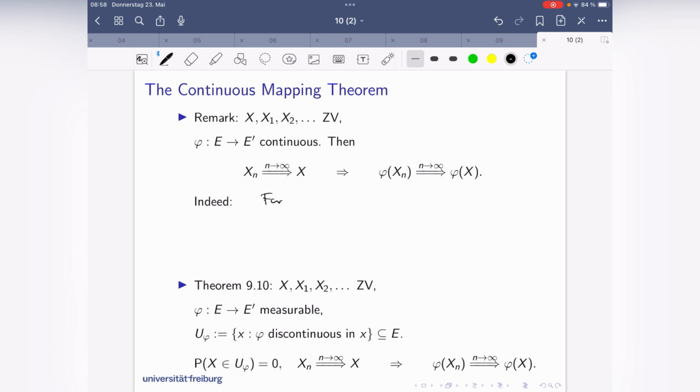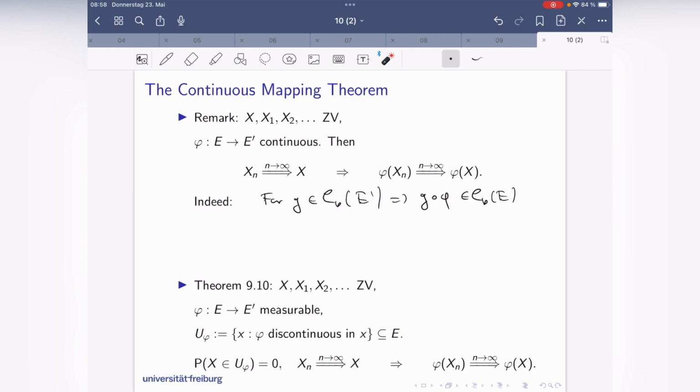If I take a function G which is bounded and continuous on E prime, the image set of phi, then I can make G composed with phi. This here is a bounded and continuous function. It's bounded because G is bounded, so no value can exceed some constant. And it's continuous because compositions of continuous functions are continuous.